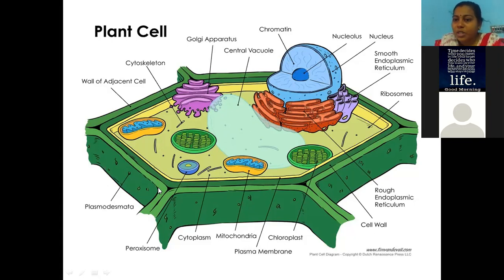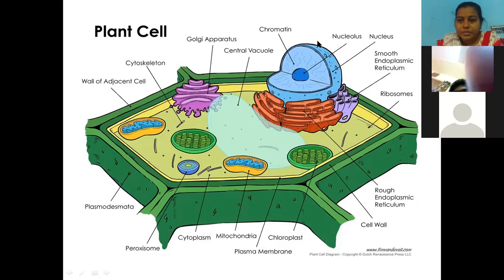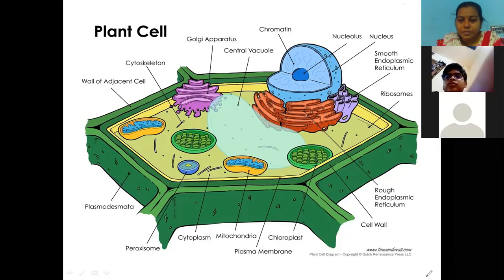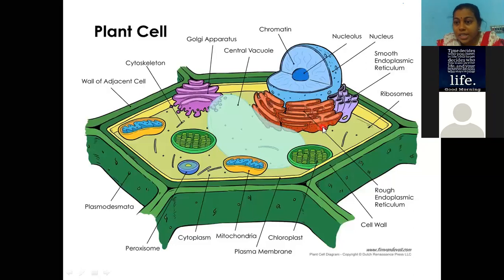First, let us talk about the RER, rough. See, you just see here, students. I'll show that. Here, see, on the surface of this ER, we can see small dotted-like structures.